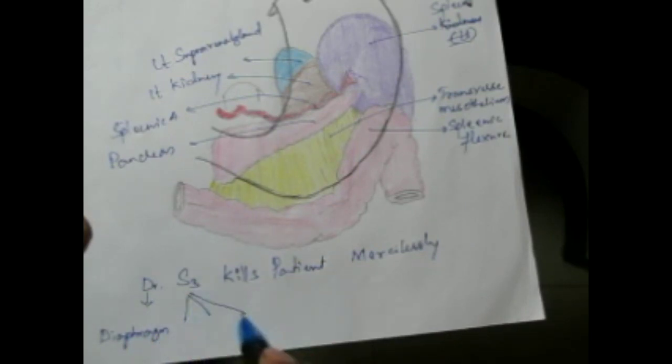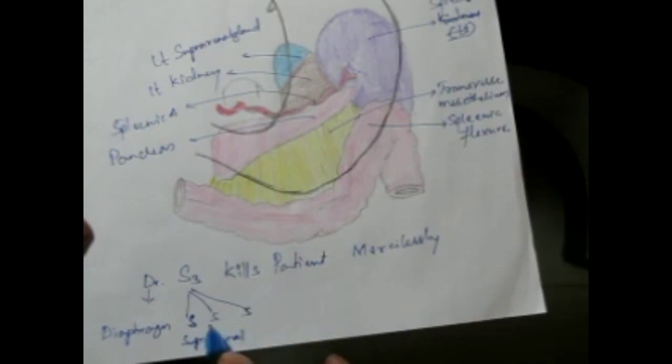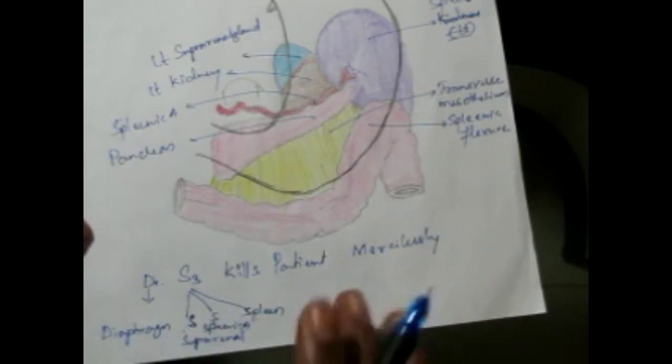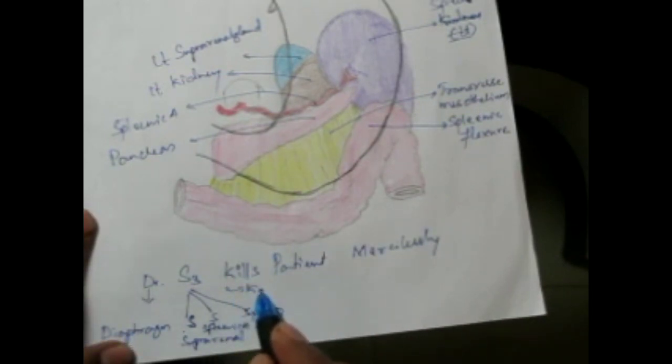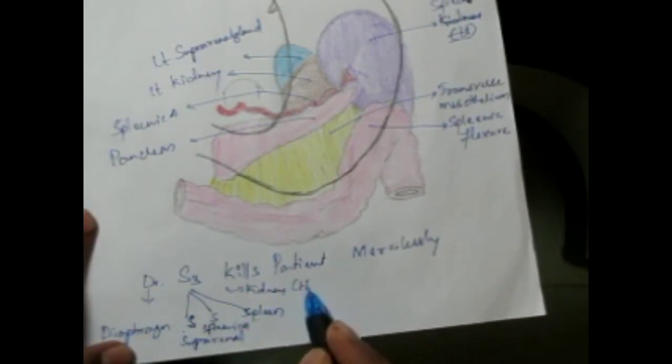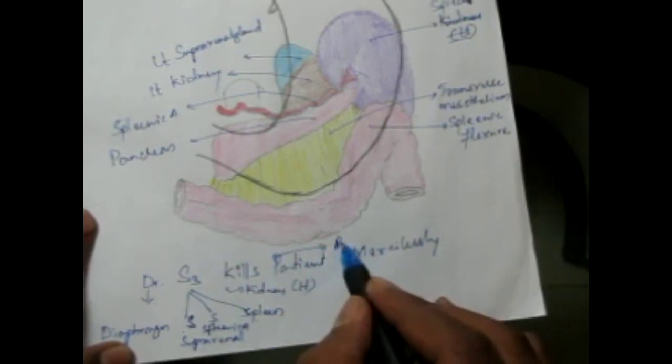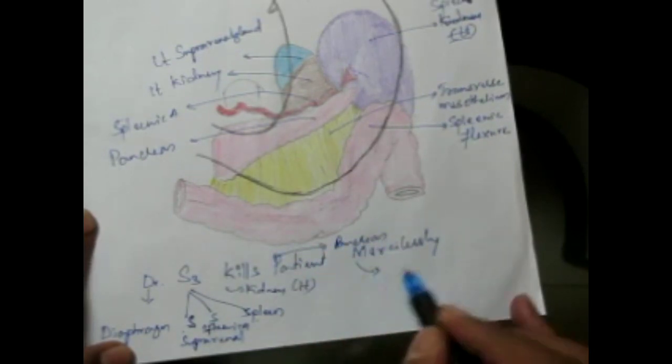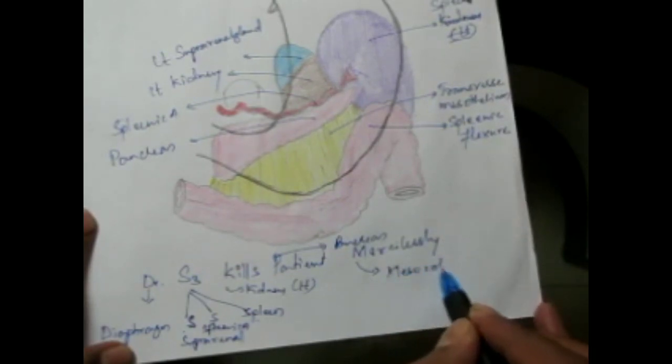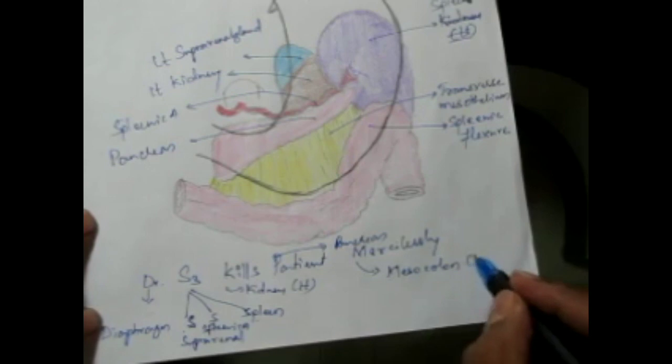S3, one, two, three: the first S refers to suprarenal, splenic artery, and spleen. K refers to kidney, which is the left kidney. P refers to pancreas. M refers to mesocolon, the transverse mesocolon.